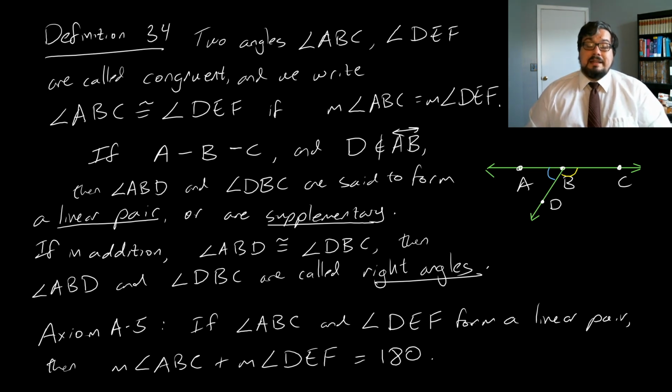So we're not saying that any individual angle has a measure of 180, but if two angles form a linear pair, that is, they basically combine together to give a straight line, then the sum of their measures has to be 180. And this 180 here is the completely arbitrary point. We could have picked any positive number here in order to make the theory work.